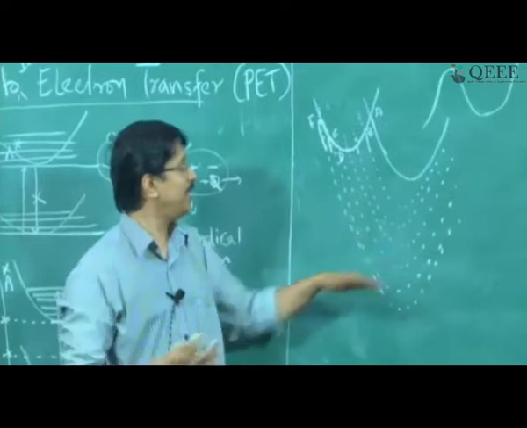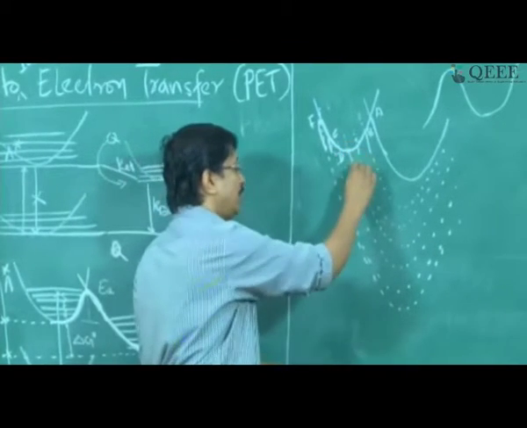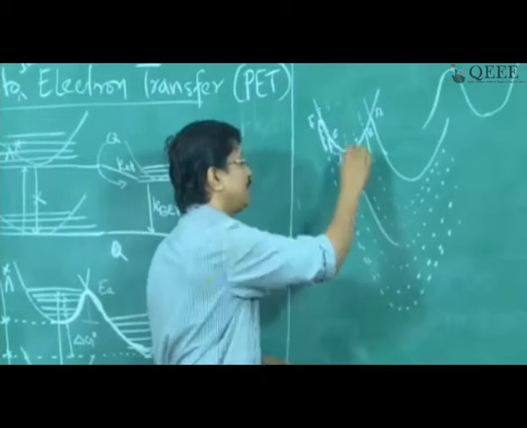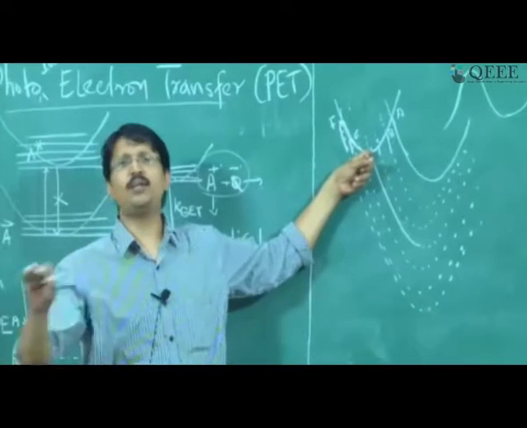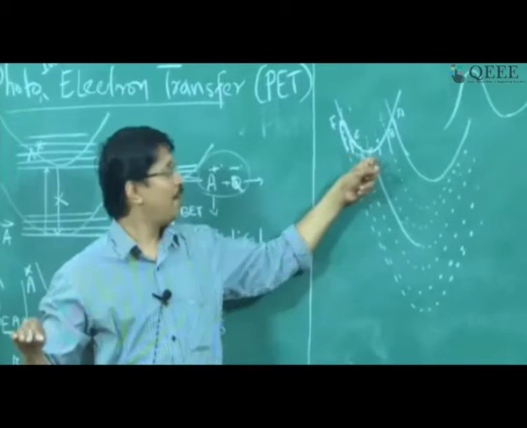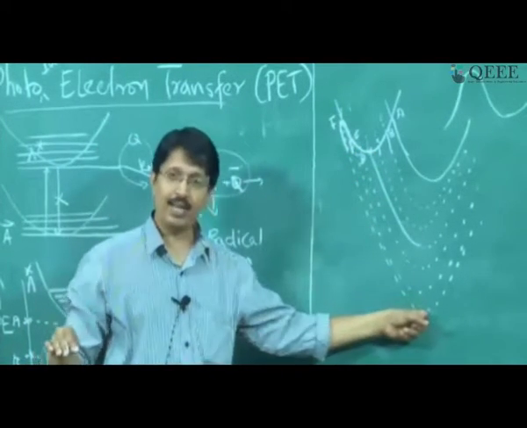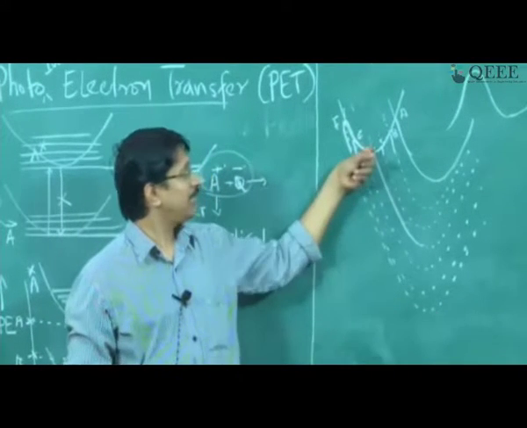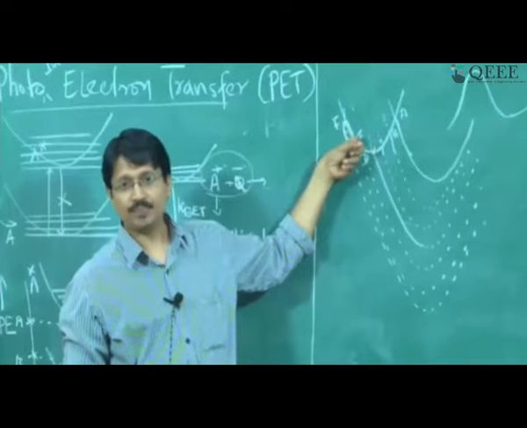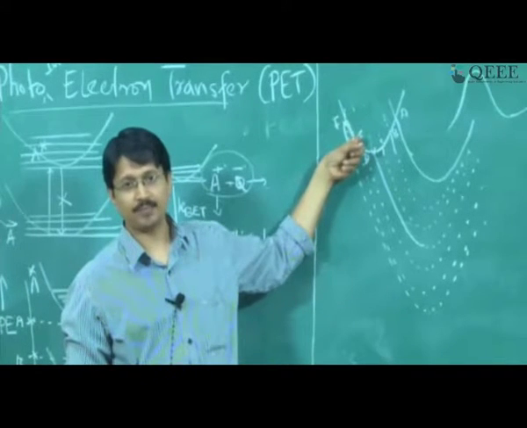There is a certain period to which, as we said, the rate was very fast. When it reached here, activation was 0, so the electron transfer rate was very fast. But if you still make the free energy more negative, the rate will actually decrease, because there is a barrier you are building.